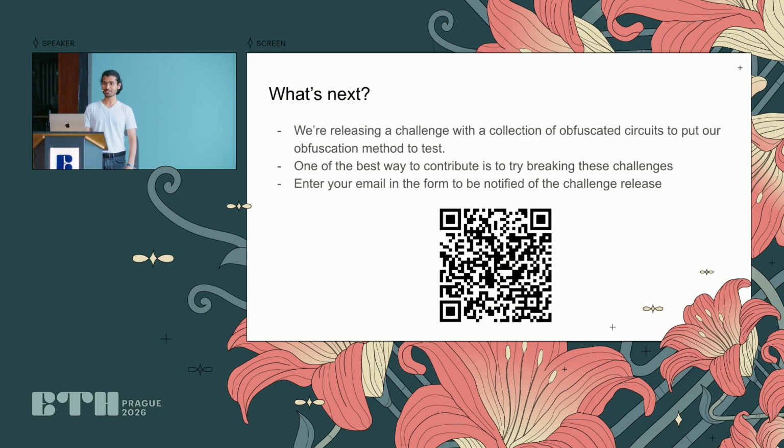Reach out to me and try breaking this challenge. If you want to be notified when the challenge is released, which would be roughly in 1.5 to 2 weeks, depending on how efficient the code is, you can scan this QR code, enter your email, and I'll send you an email when the challenge is out.